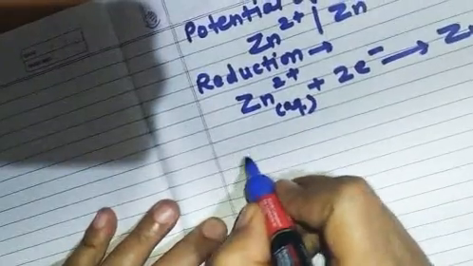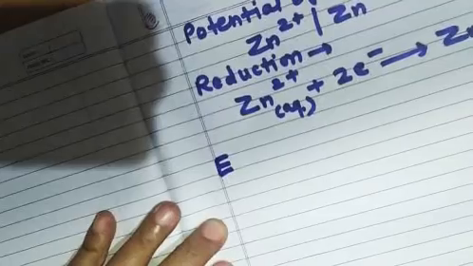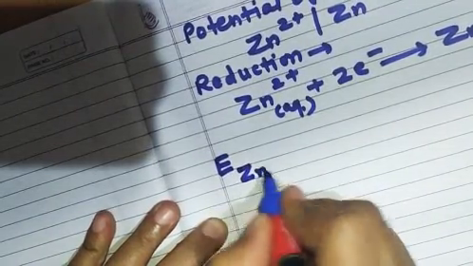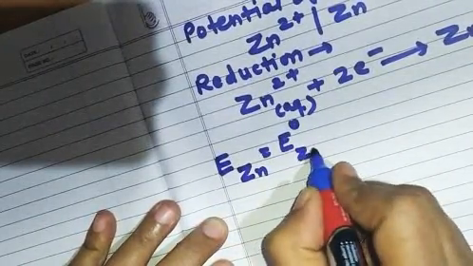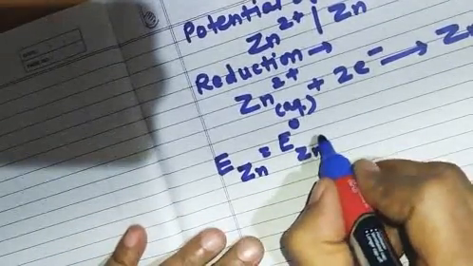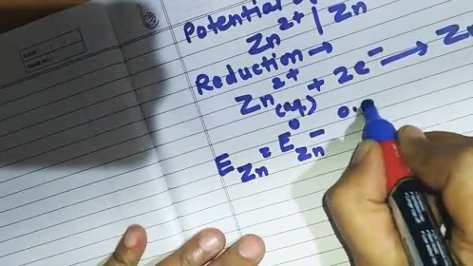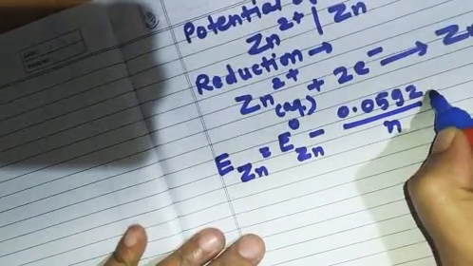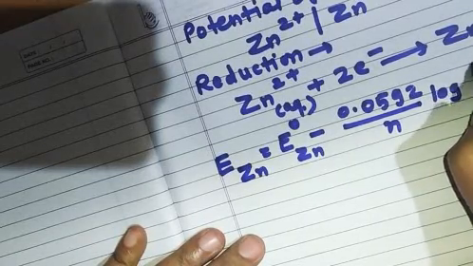For this relation, we have the Nernst equation. Now this is the potential of an electrode. Therefore, we have to take E for Zn, which is equal to E naught for Zn. This value is already calculated. We have it in tabular form. Minus 0.0592 upon n log base 10 of concentration of products.